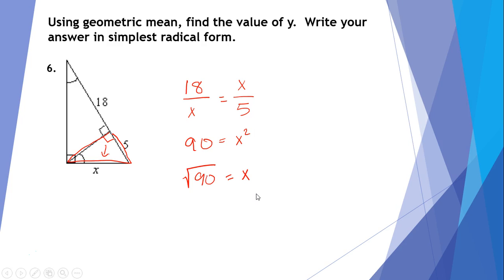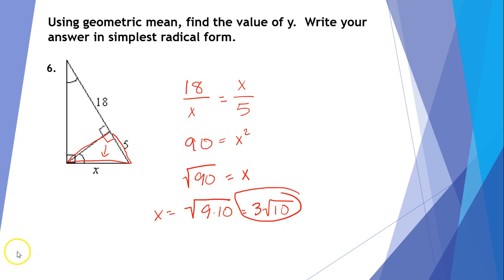And then it says write your answer in simplest radical form. So this right here can be split up. We'll call this x. You could split that up into 9 and 10. Take the square root of 9, you get 3 square root 10. And we're done.